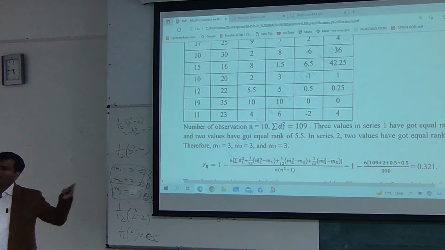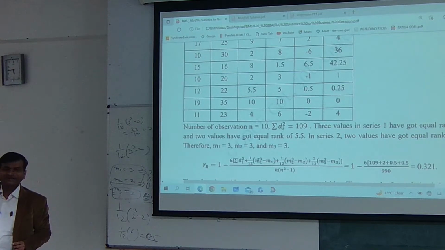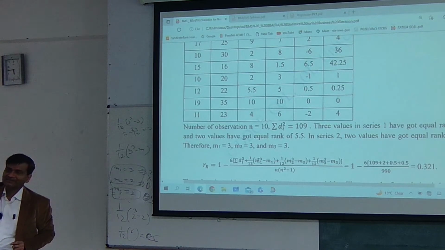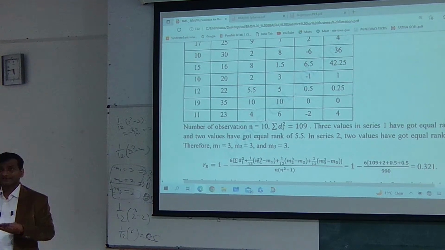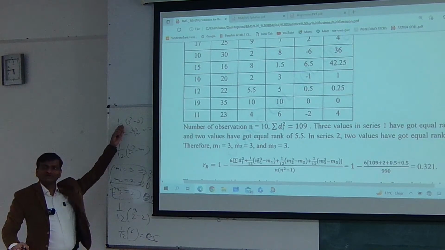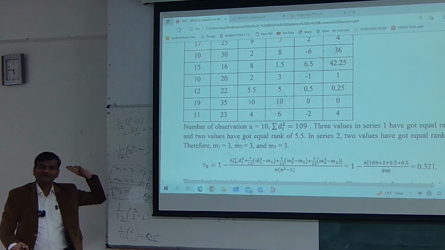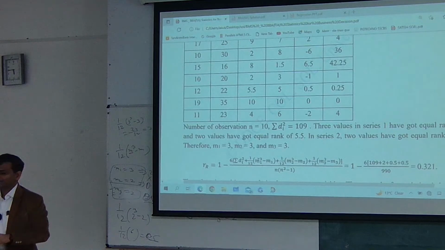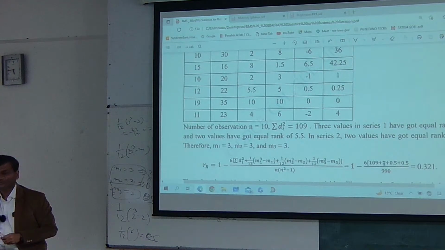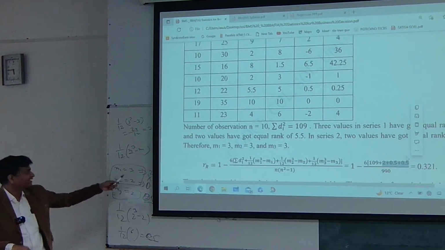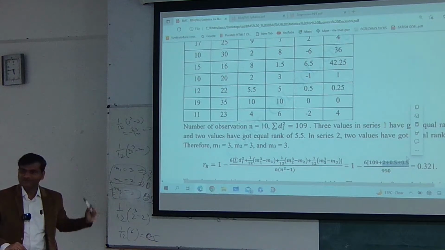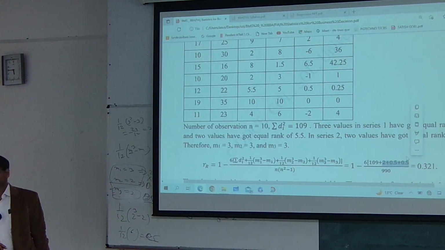So the correction factor for m equal to 2 is 0.5. You need not calculate it if you remember: the correction factor for a 2-times tie is 0.5, and for 4 times you can calculate again, 4 cube is 64 minus 4 is 60, divided by 12 is 5. So you can see I have added 109 plus 2 for the triple tie and 0.5 for each of the other two, and finally you get the answer, which is 0.321.